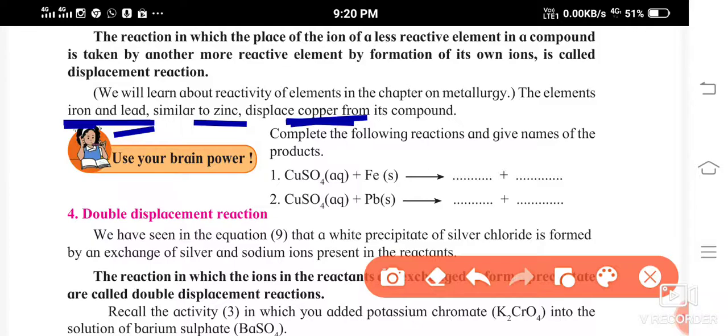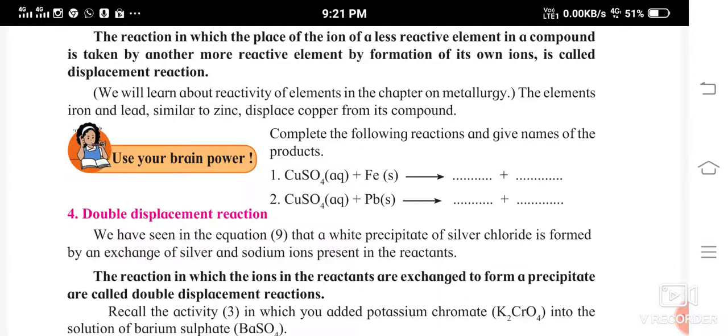Complete the following reactions and give names of products. CuSO4 plus Fe. What is it going to form? You are going to do this in your notebook. I am not going to tell you. You know it is a displacement reaction, so you are going to refer to equation 3. Then you will know how to write this.